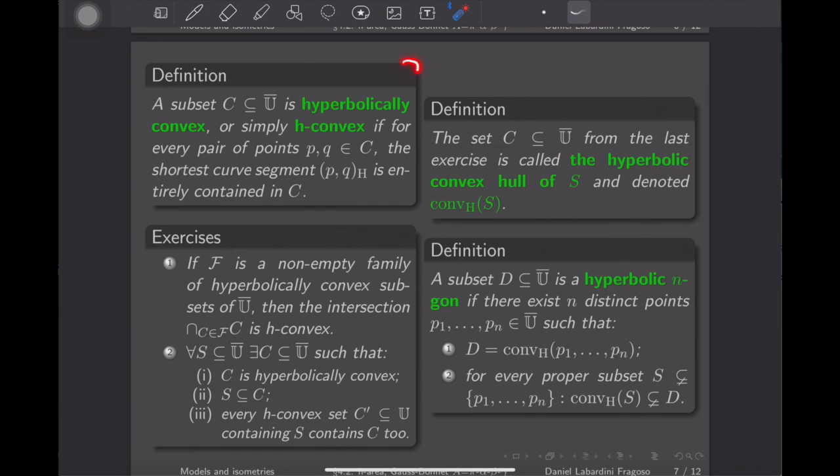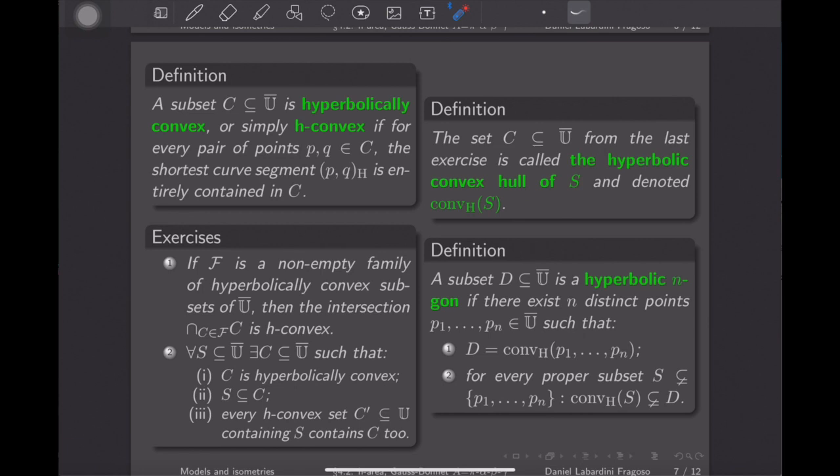So on the one hand, I'm really just adapting the notion of convexity I already knew in the Euclidean case. But on the other hand, it's going to be a bit harder to deal with this notion because I don't have the same nice description of the points in these segments that I have in the Euclidean case.